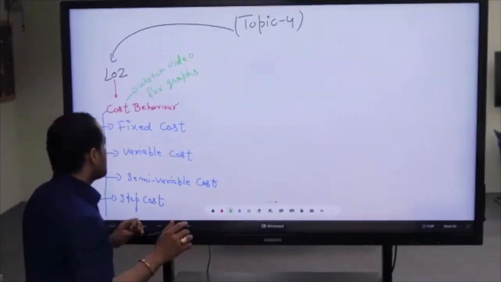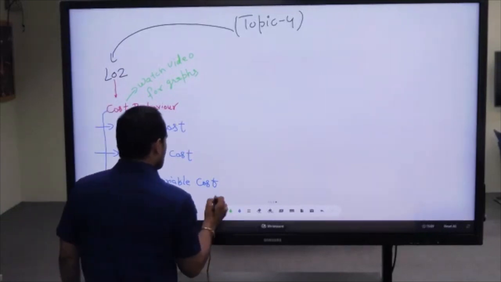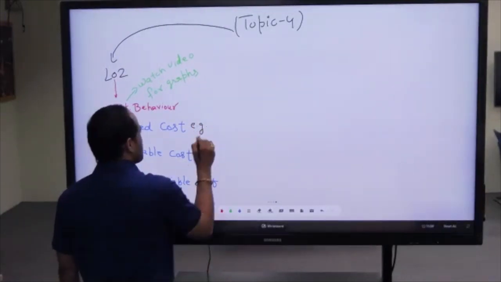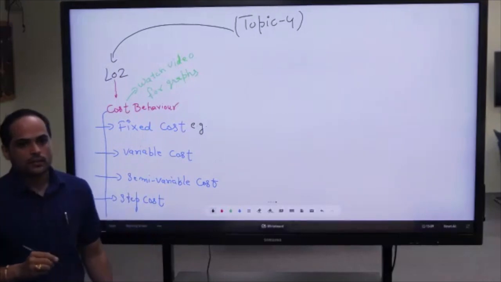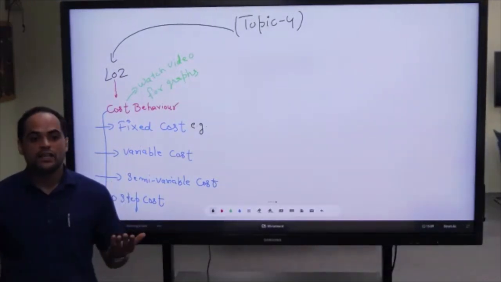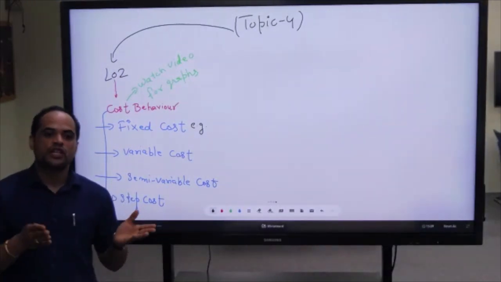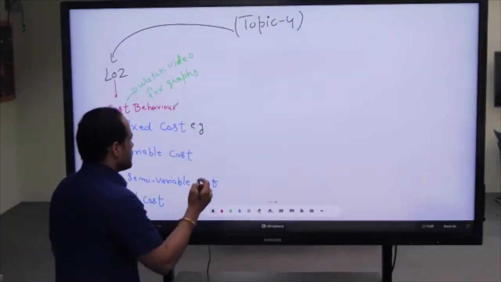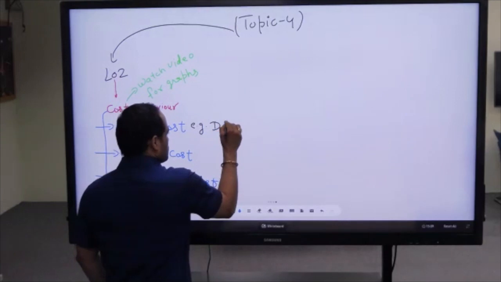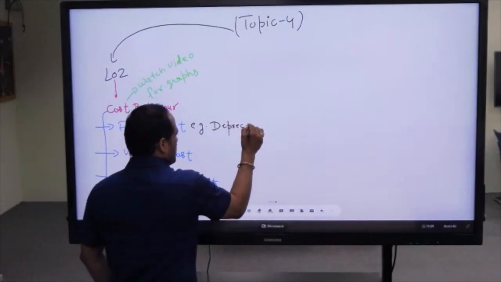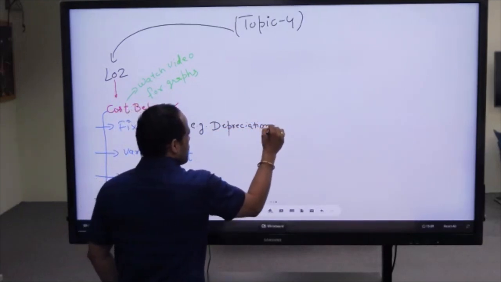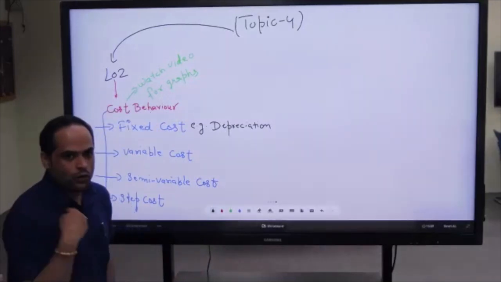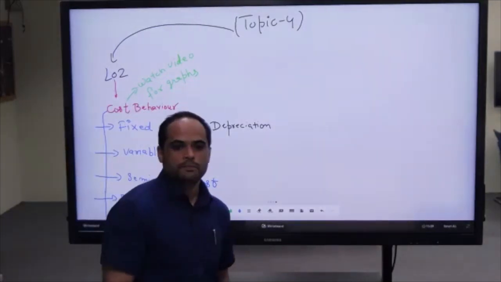So an example of fixed cost is depreciation on the machine, or on the equipment. For example, we have one machine which produces product.